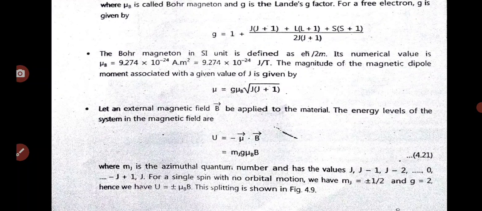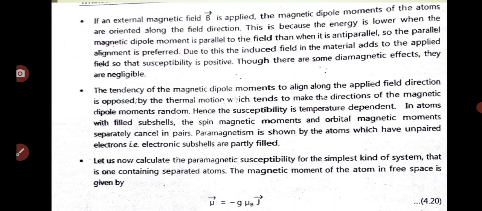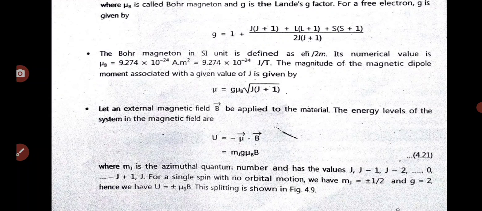Here mu B is called the Bohr magneton, and small g is the Landé g factor, which is calculated by the formula below.